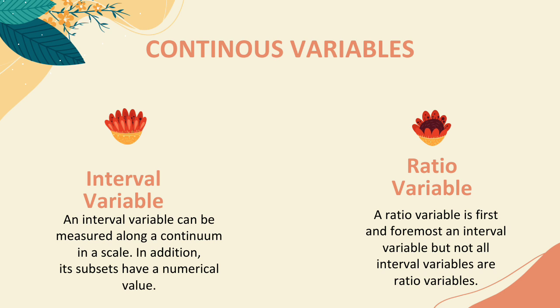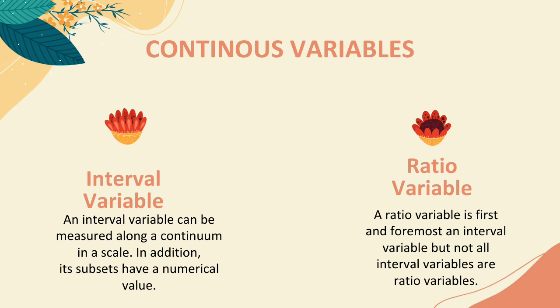The second one, ratio variables, is first and foremost an interval variable, but not all interval variables are ratio variables. For example, temperature measured in Celsius or Fahrenheit is an interval variable, but not a ratio variable. Why?